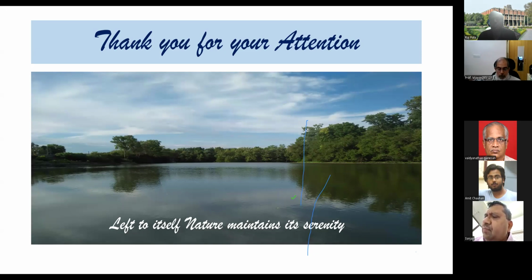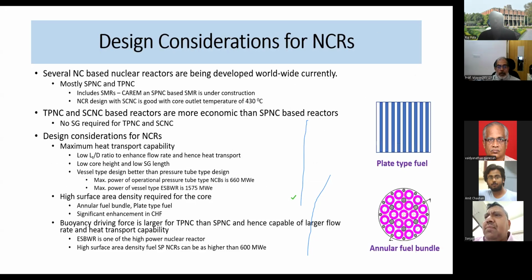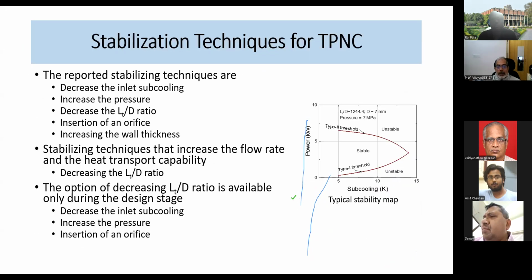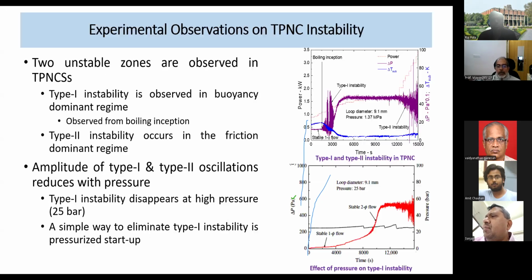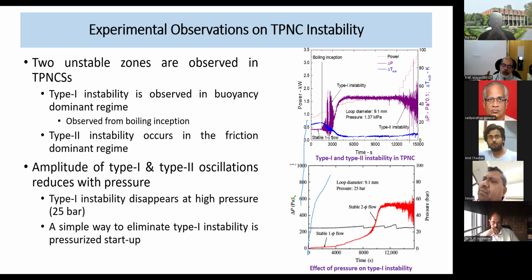Right. So over here, if you look at single phase instability and two-phase instability, either you measure the flow or you measure the delta P. Flow cannot be directly measured, because our flow can be measured only through delta P. So if your flow is oscillating, your delta P will also oscillate.